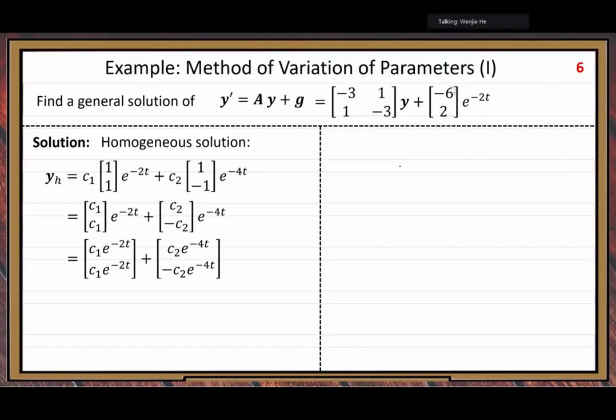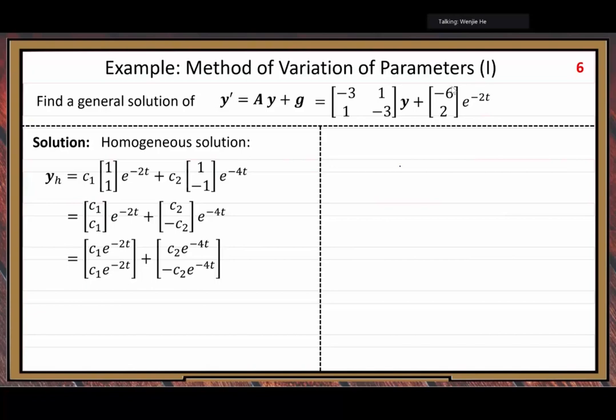In the method of variation, this word variation, you need to use the understanding of this variation part. What's that? Let me recall our second order ODE case.